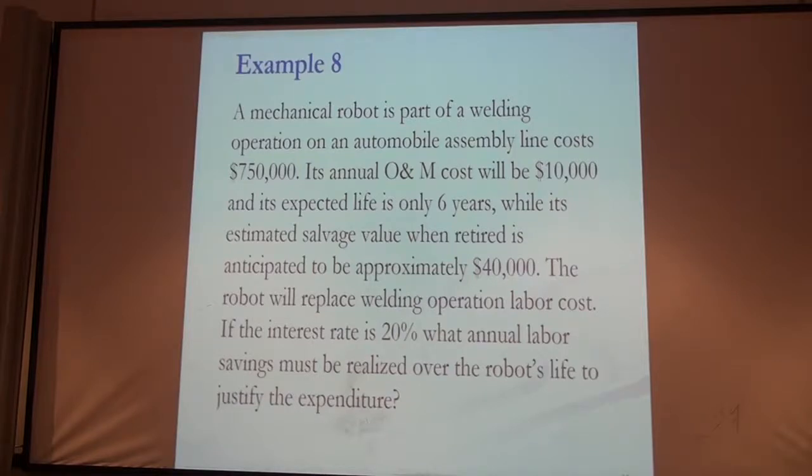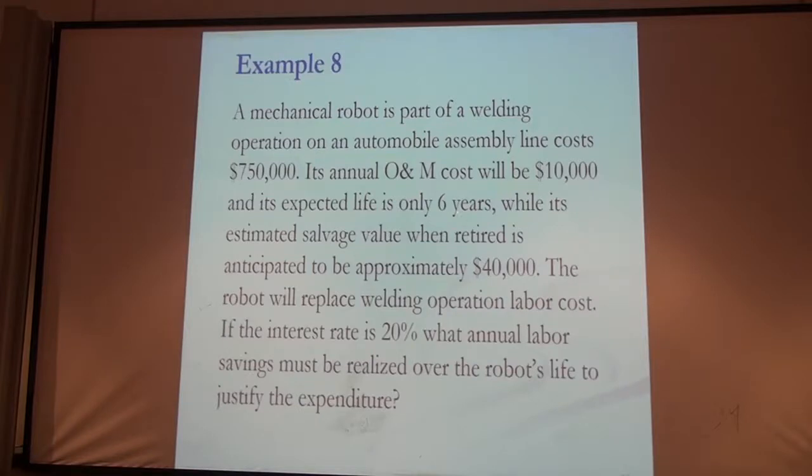So if I may explain it again, we are going to buy a robot which will do the welding operation, and it costs us $750,000. There will be some annual maintenance cost also, $10,000, and maybe energy cost.